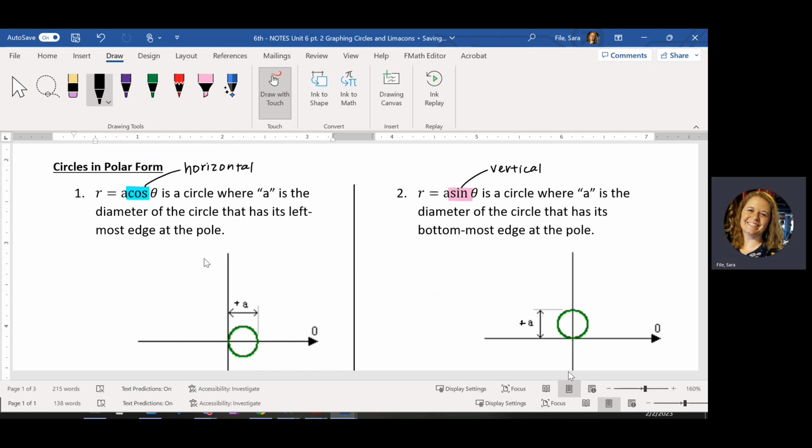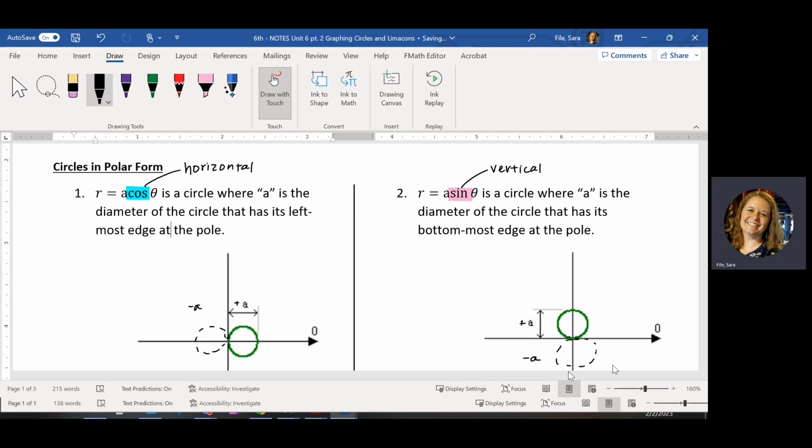If it was a negative A for cosine, your graph would be over here on the left side, still along the x-axis, or the horizontal. And if you had a negative A in front of the sine, it would show up on the negative side of the vertical axis. Does that make sense?